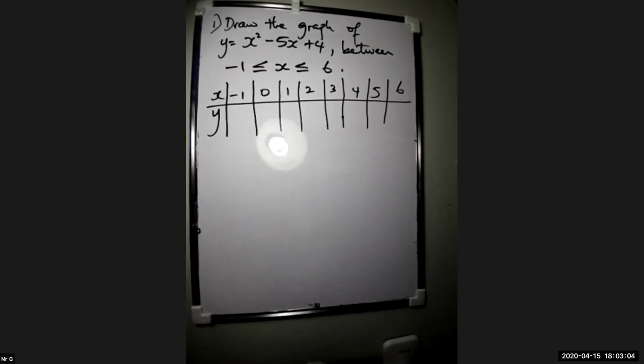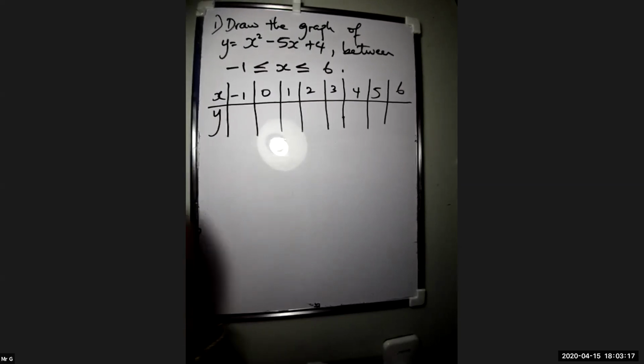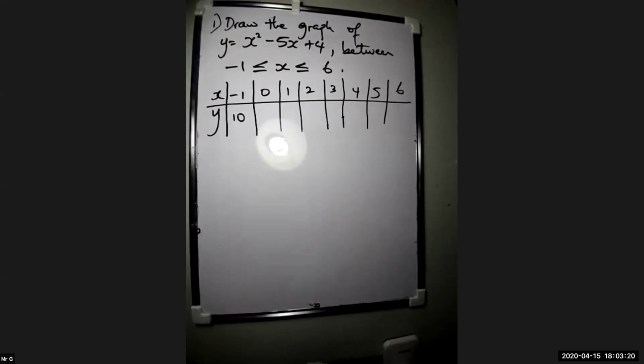When x is -1, can Shushmita tell me what is y? 10. Correct, 10. When x is 0, can Rihanna tell me what is y? 4. Correct. When x is 1, can Felicia tell me what is y? 8.